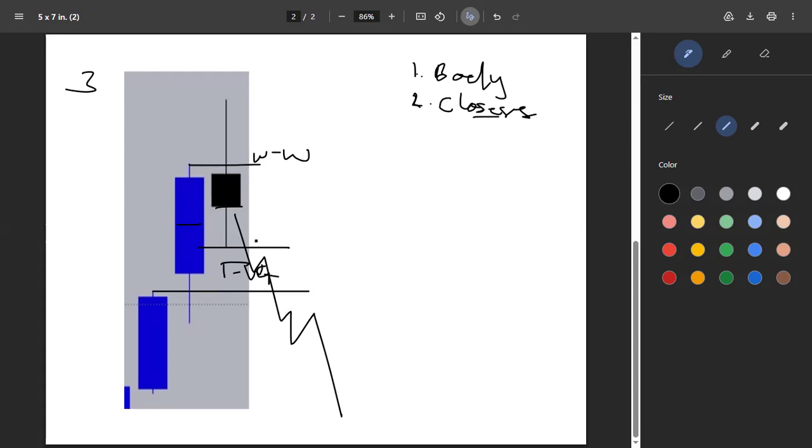We'll see a reversal pattern. Or sometimes it can be a rejection here, because there is something to the left that makes this a structural rejection.